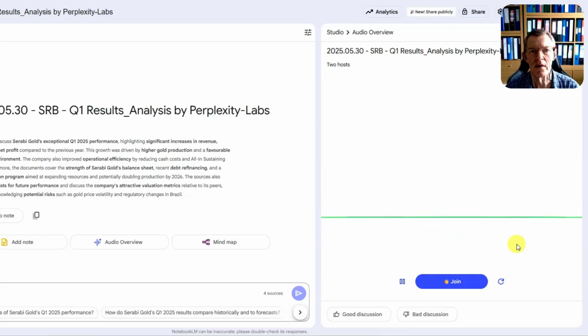Exactly. For instance, the income statement data uploaded would allow us to see that revenue jumped significantly, reaching $29.2 million in Q1 2025. We can now consider how that compares to the ShareScope revenue forecasts. And looking at the balance sheet data you mentioned was uploaded, we see their cash position strengthened to $26.5 million. That's a key detail we can now analyze in light of their overall financial health as represented in the uploaded balance sheet.